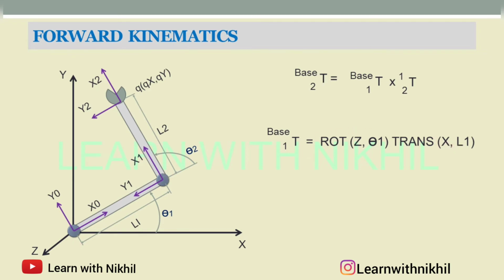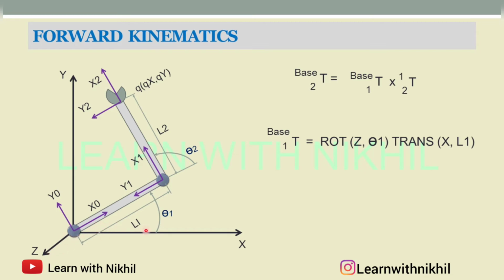So I'll repeat again: the transformation of 1 with respect to the base is rotation about the z axis at an angle of theta 1. So first you have to rotate this by an angle of theta 1.